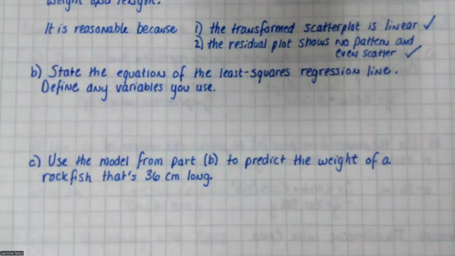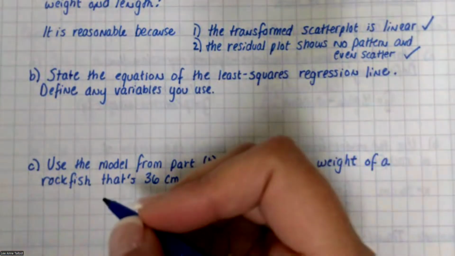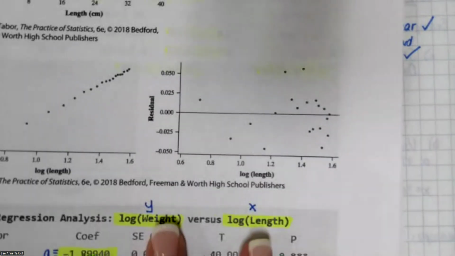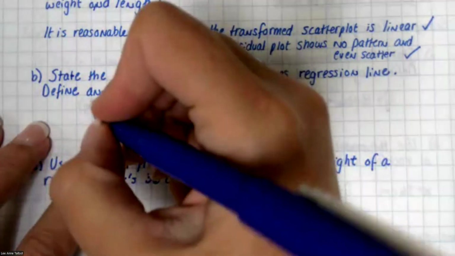Okay, next question. State the equation of the least squares regression line and define any variables you use. Do you guys notice that both the x and the y are logged? So this is going to feel a little strange.